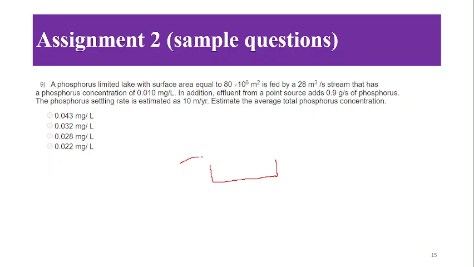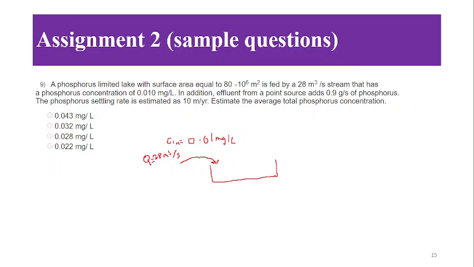So there is a stream which has phosphorus concentration 0.01 milligram per liter, and the flow rate of the stream is 28 meter cube per second. So this is C in, this is Q.